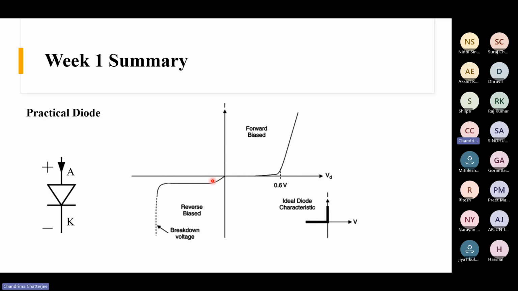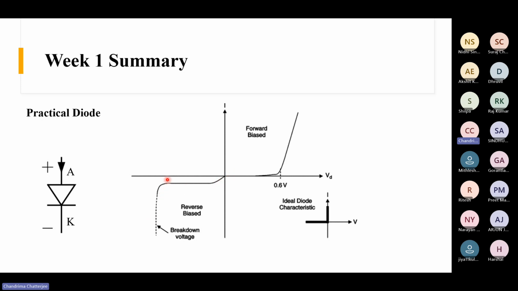This doesn't harm the operation of the circuit, but yes, there is some leakage current. The diode can't block it ideally. In a practical diode there will be some non-ideality, and this is one of the non-idealities.